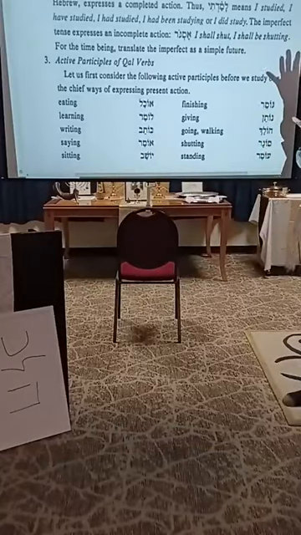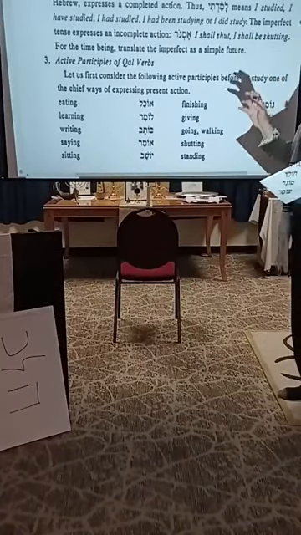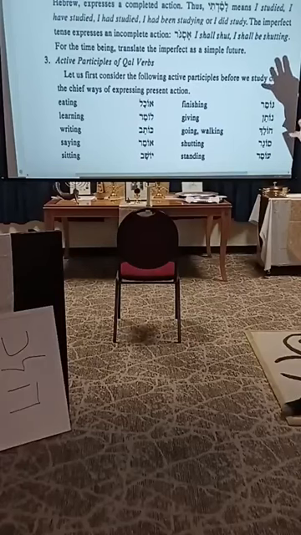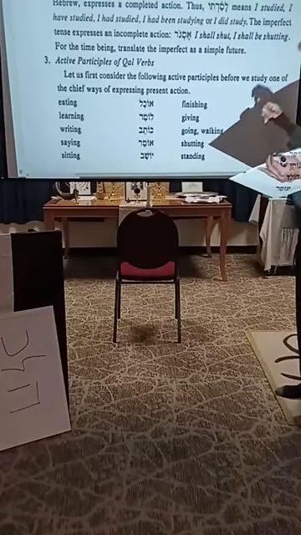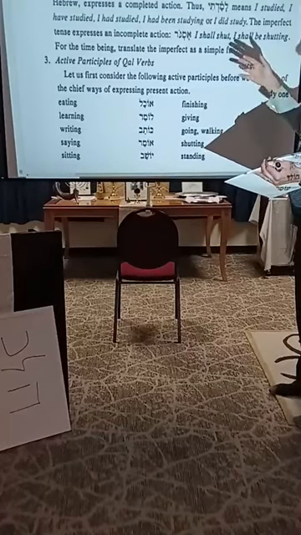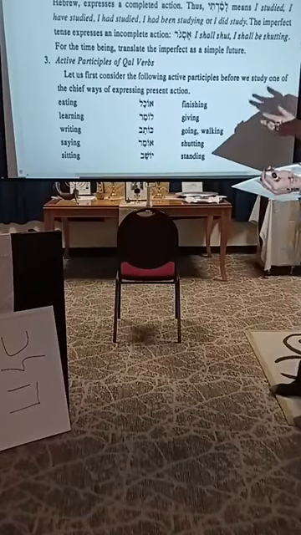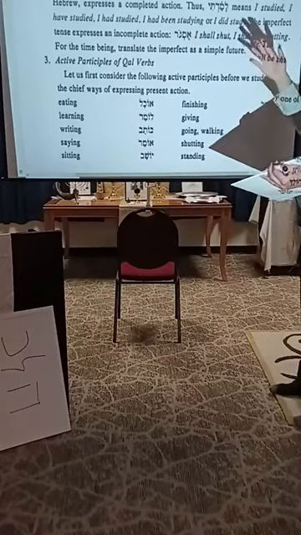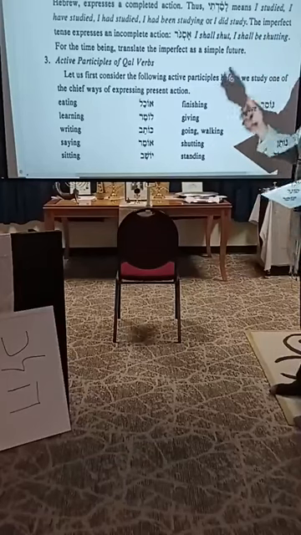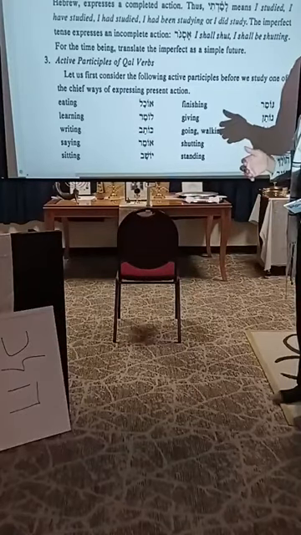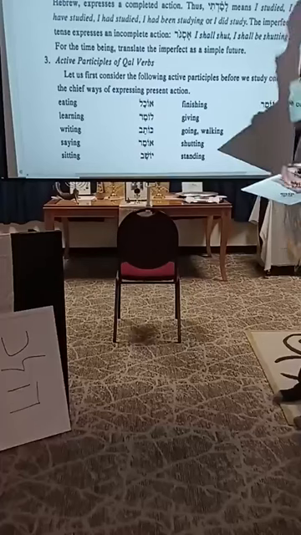Does that make sense to everybody? It's not difficult to understand the difference between the tenses so long as you're able to recognize, when you look at a word expression, whether it is describing a completed action or an action that is not completed.